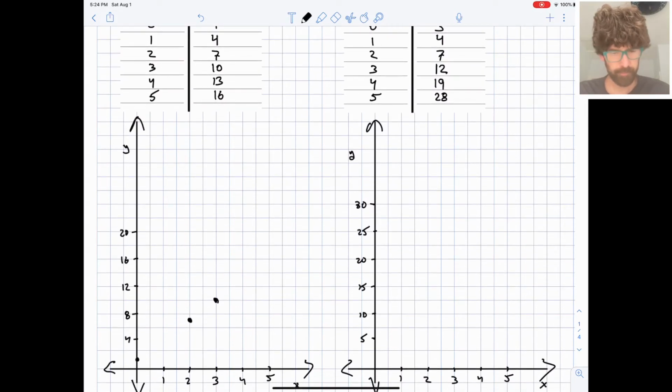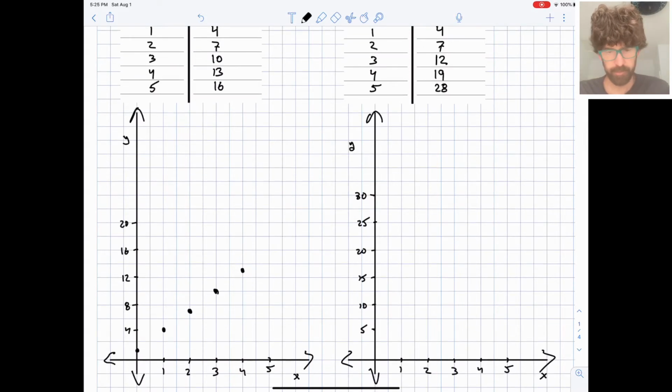Looks like we missed a point too, so let's go back and snag that. I missed the 1, 4 point. And then the over 5 up 16. Definitely looks linear to me. Okay, so we can draw a line through these points, and it seems like it hits them all. So I'm going to call this a linear function.